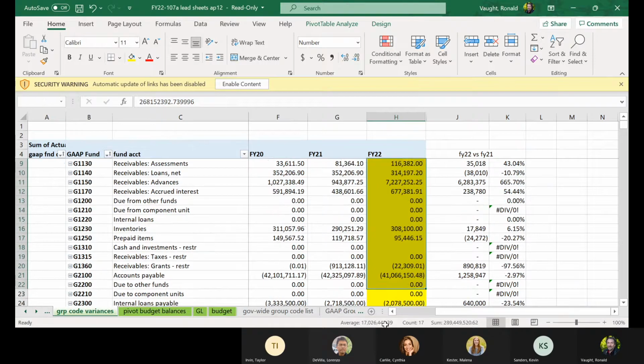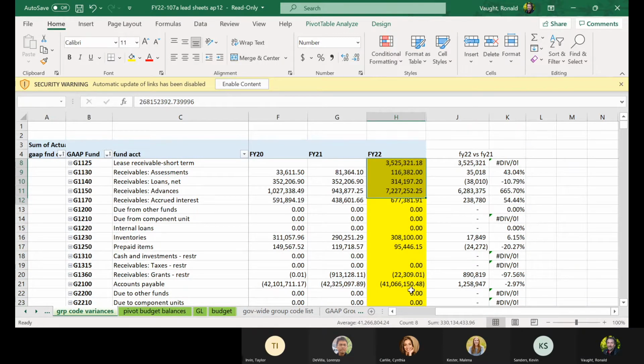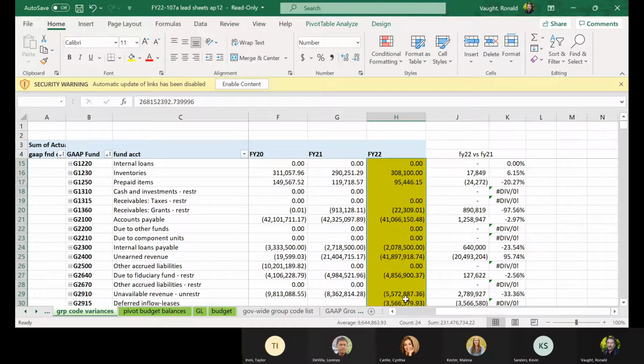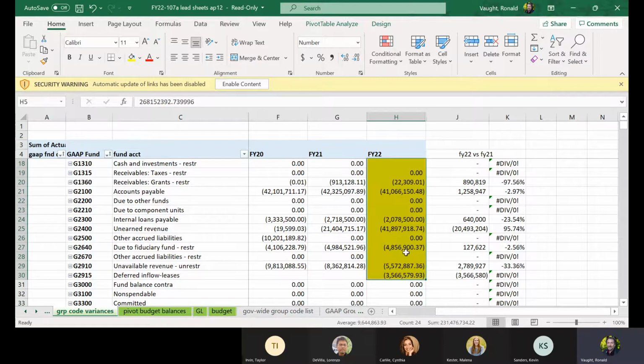So what I did was highlight all the asset and liability accounts that are supposed to be in GAAP. That totals to the 231 million and ties out exactly to what I came up with when I was analyzing the classic trial balance and trying to come up with what budgetary fund balance should be.